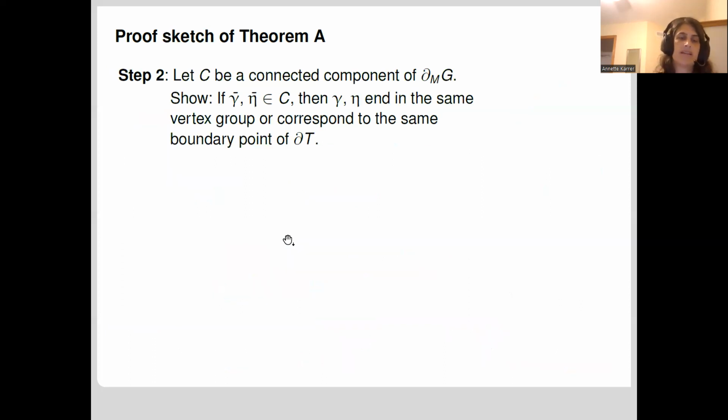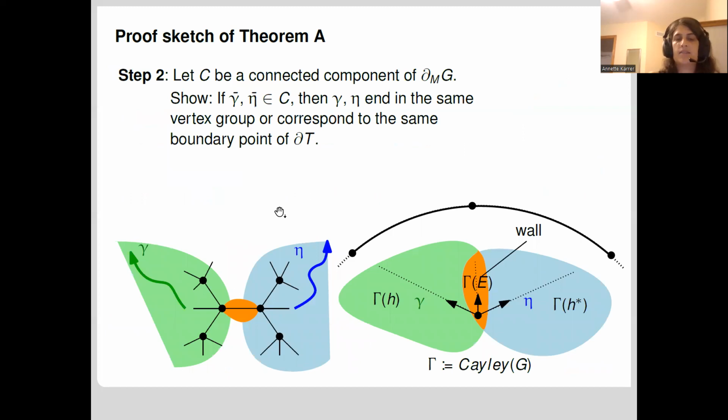So now what is the idea of how to prove step 2? If C is a connected component of the Morse boundary, we have two equivalence classes in the connected component, and we want to show that they correspond to the same vertex group or to the same boundary point of the tree. And here we use the following picture.